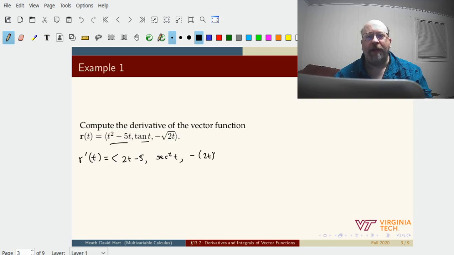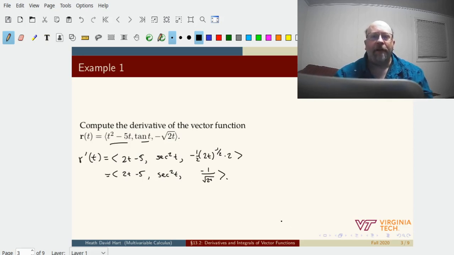So I get 1/2 times 2t to the negative 1/2 power times 2. And there's a little bit of simplification that happens here. This is 2t minus 5, secant squared of t. The 2's cancel, and we get negative 1 over root 2t.